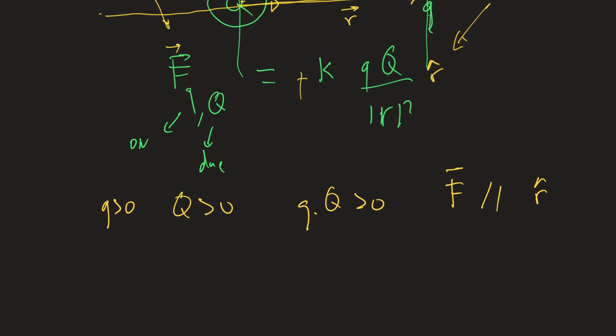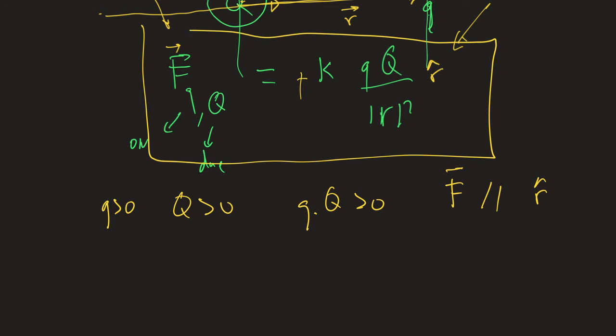So what will this equation say? This equation will say that when the two attributes are the same kind, both of them positive, the force is parallel to the vector r.